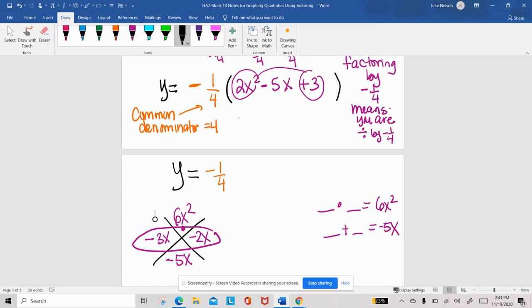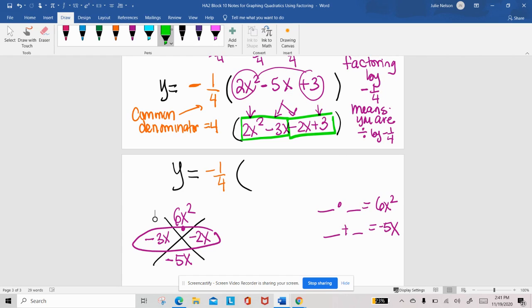So I'm going to rewrite this. I drop the first term, which is 2x squared. Then I rewrite the middle: instead of negative 5x, it's negative 3x and negative 2x, and I drop the last term. So what do the first two have in common that I can factor out, and what do the last two have in common that I can factor out?